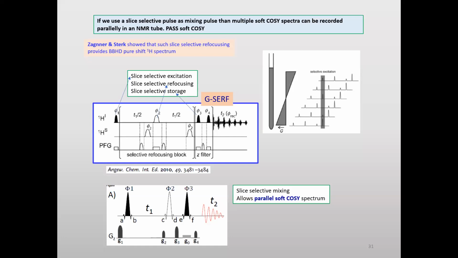What we did is a slice-selective mixing. So instead of slice-selective excitation, refocusing, and storage, one can resort to slice-selective mixing for recording parallel soft COSY spectra, analogous to Z-SURF, which is also a parallel mode of acquiring SURF spectra. We can do the parallel acquiring of soft COSY spectra.